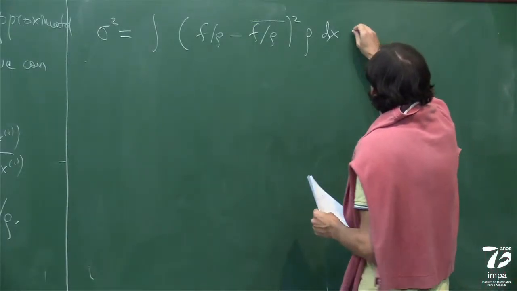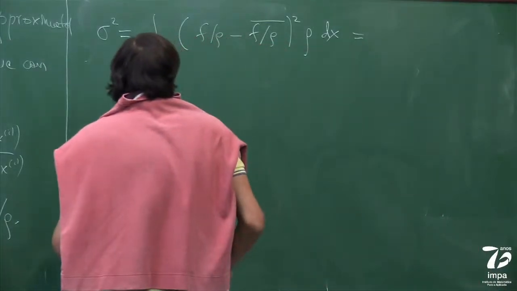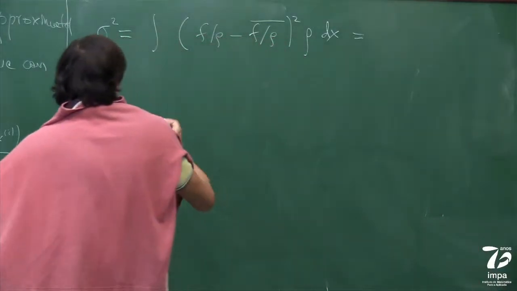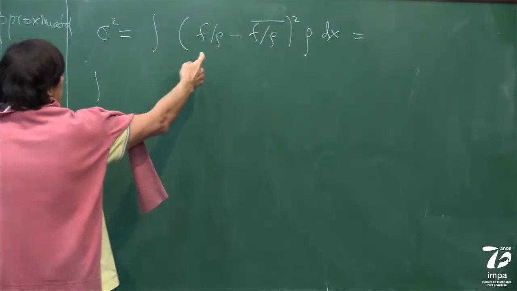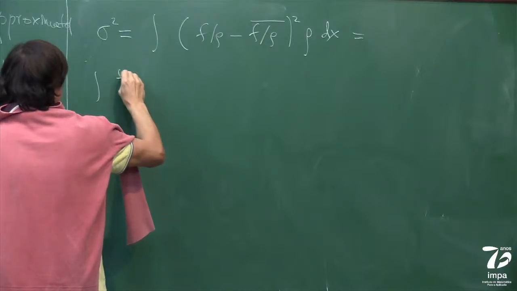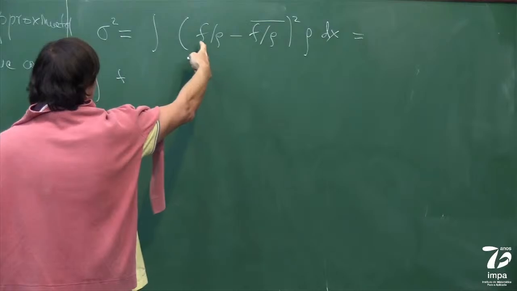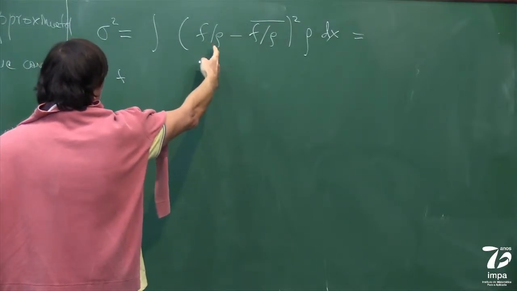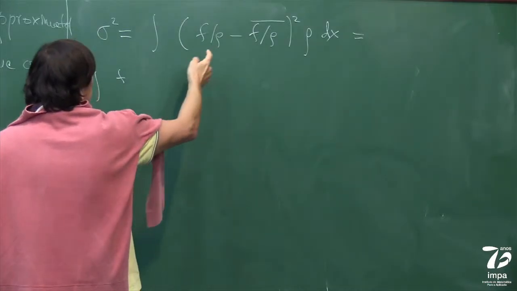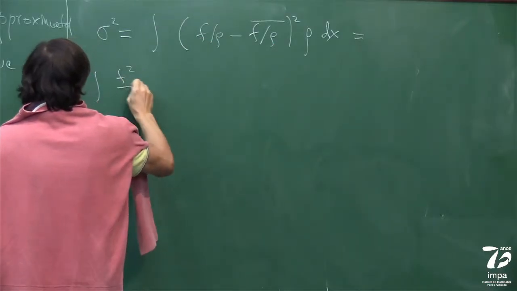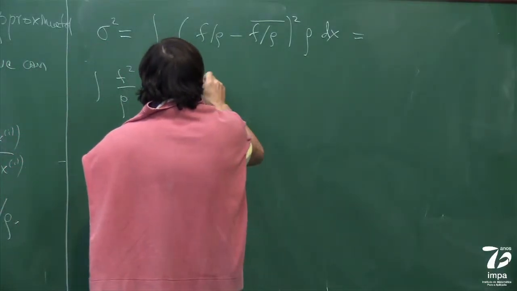Okay, so now we can open this. I'm doing now the very standard computation. So now we take the first one. Open the square. So it will be f square over rho square times rho, so the integral of f square over rho dx, minus twice.